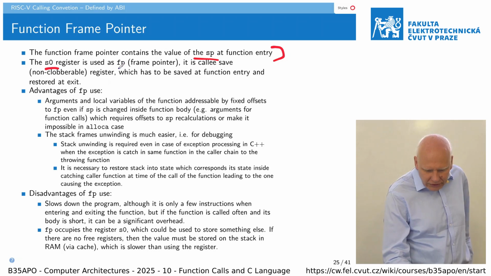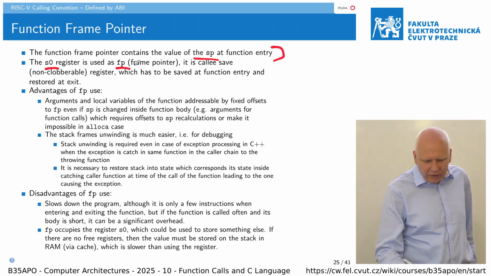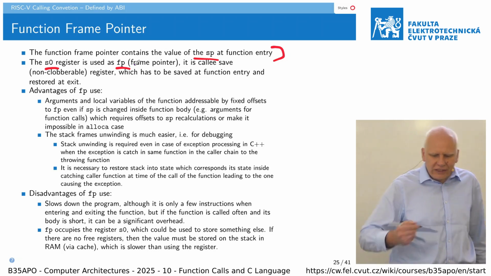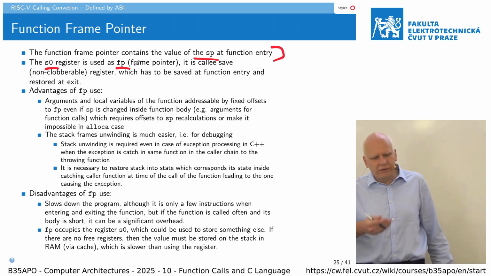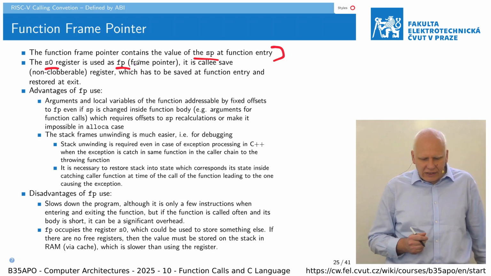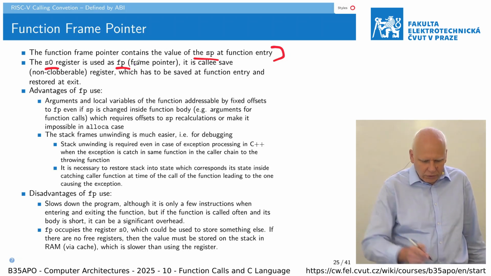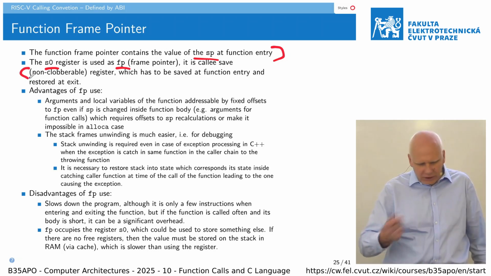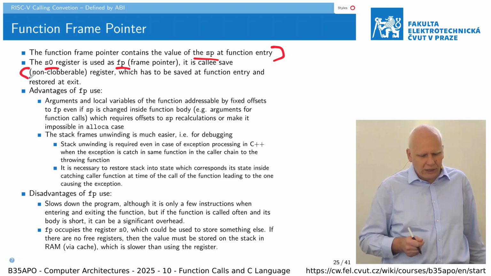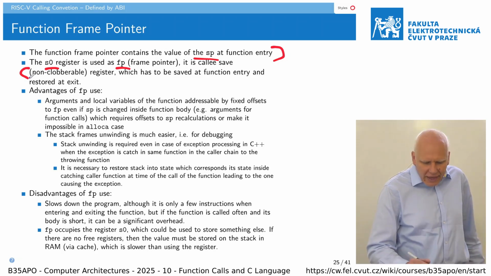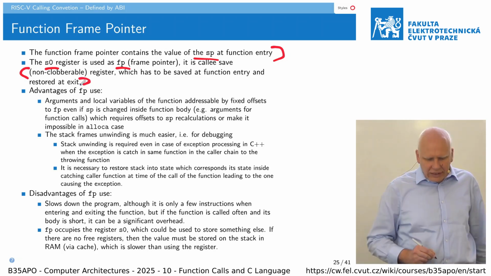S0 is used as the frame pointer, and it is a saved register, so in our function, in the function prolog, we need to store its previous value, because we cannot modify it. We need to return it in the same state as it was at the start, and we need to restore it at exit.